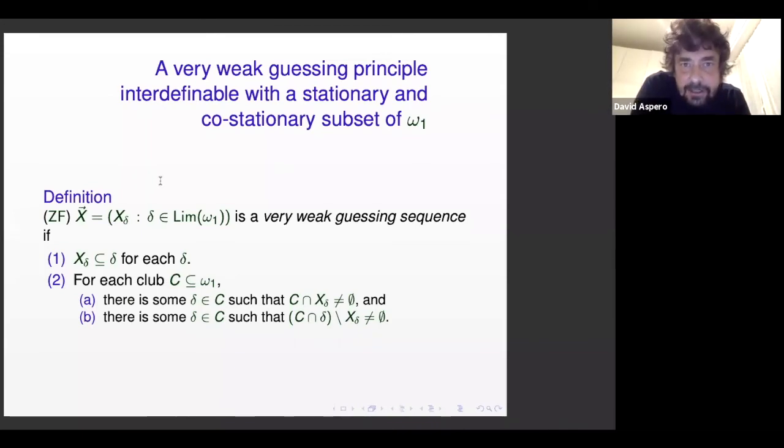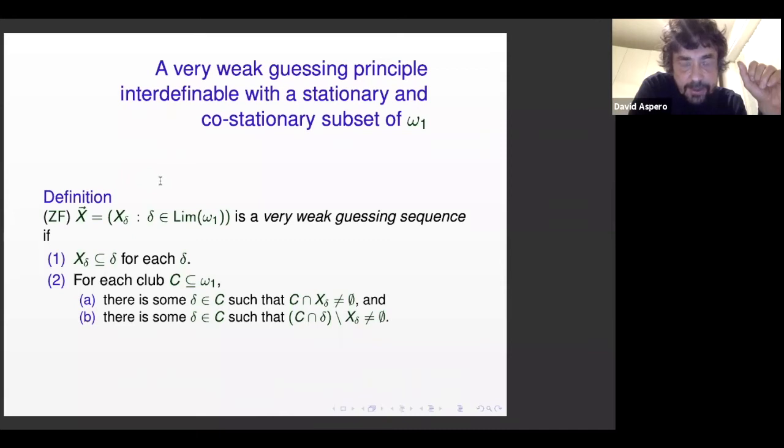So we're still in the realm of partitions of omega one into small numbers of stationary sets, and I want to mention a very weak guessing principle in ZF that is actually interdefinable with a stationary and co-stationary set of omega one.